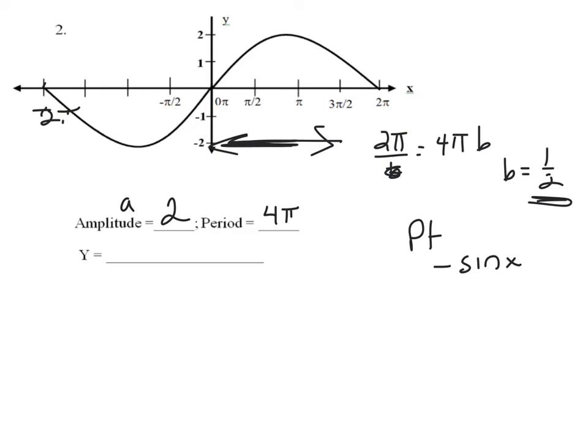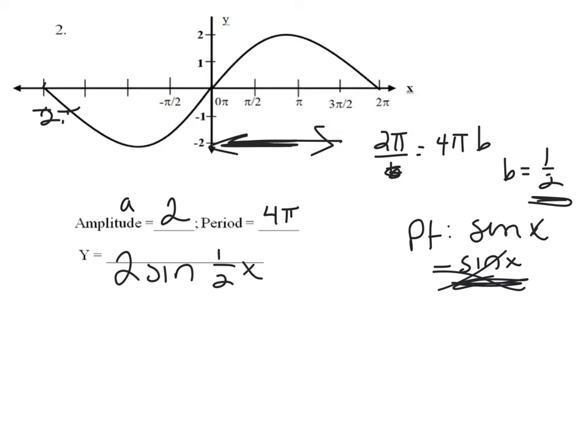I don't. Can I leave it on there? Sure. But you'd have to do a phase shift. So the parent function is actually, I'm going to do the easy route, sine x because it starts at 0. So y equals 2 sine 1/2 x.